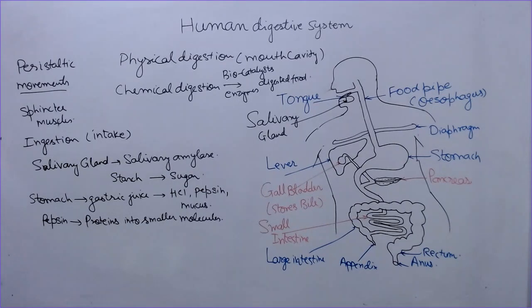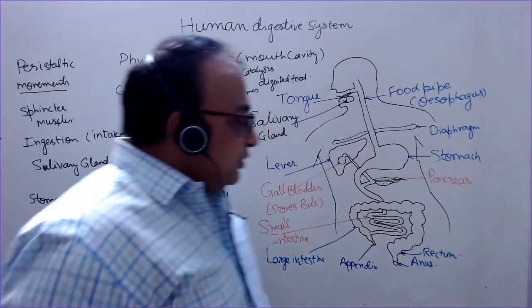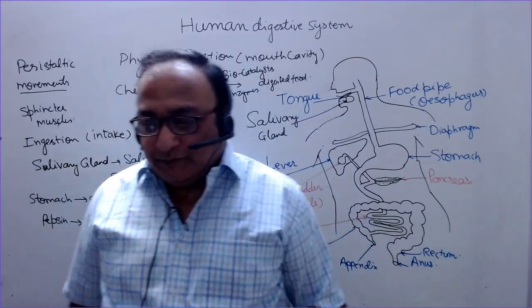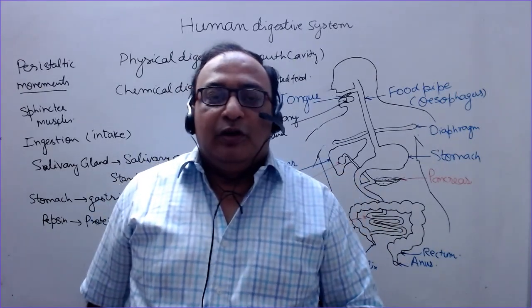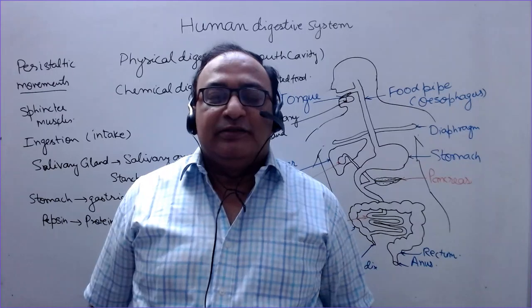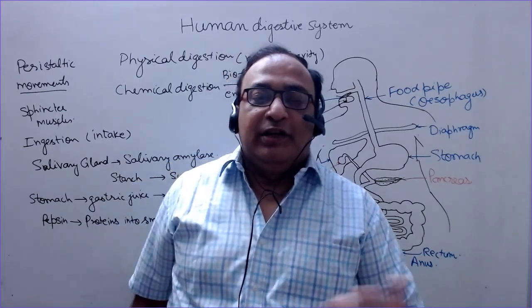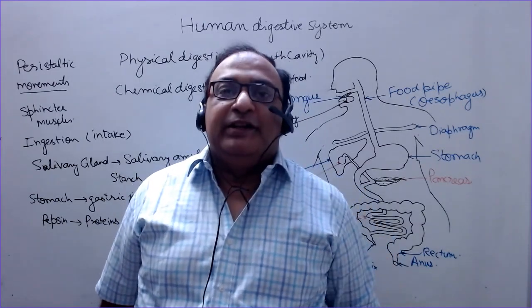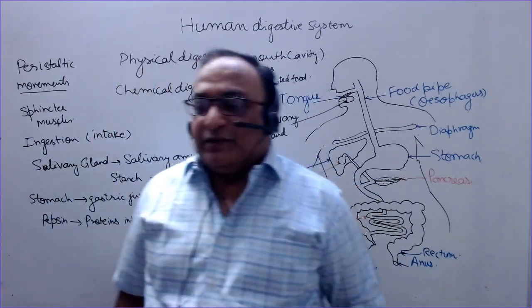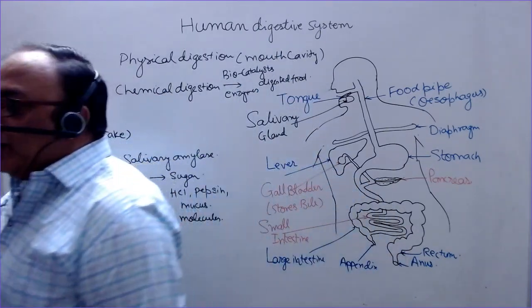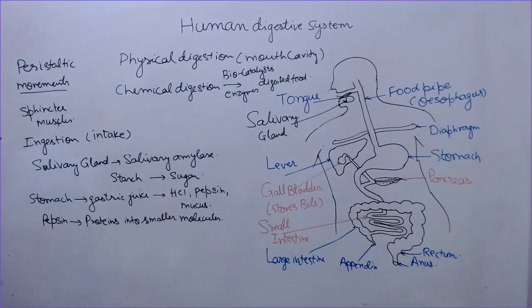Now there is one thing: which animals have a longer small intestine? The animals whose intake of food is grass.